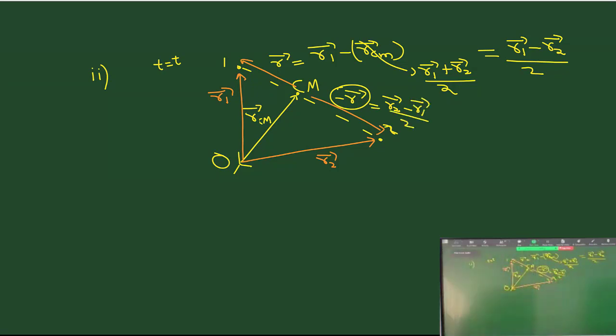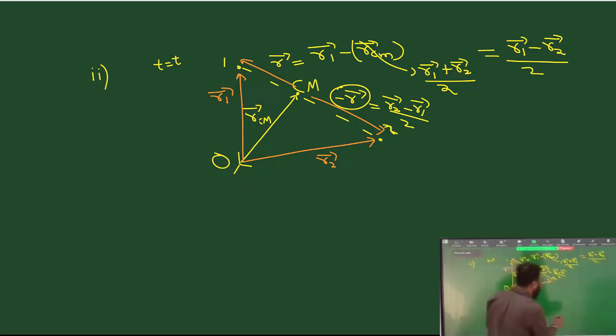Now let us try to work out the equations in this problem. This vector represents the relative position of 1 with respect to 2, that is 1 with respect to the center of mass. Just try to differentiate this term twice and see what you get.